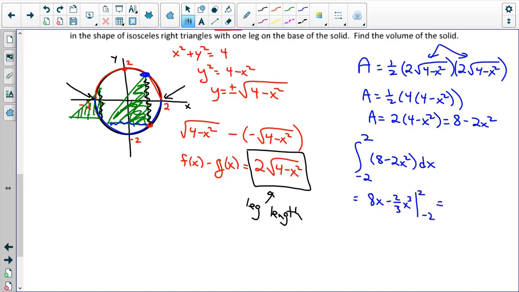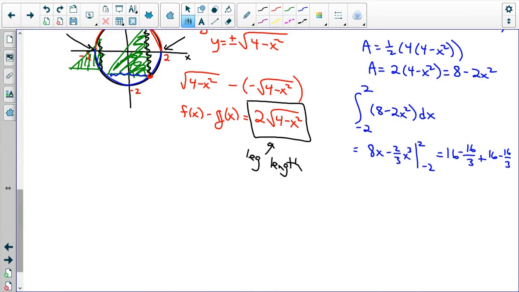I could do this pretty simply. So that's 16 minus 16/3 minus -16, which is plus 16, minus another 16/3, because there are basically 3 negatives going on in there. So I end up with 64/3 as my final answer.